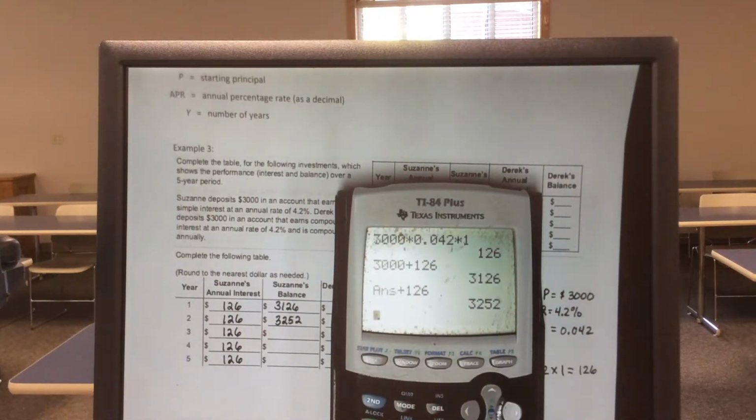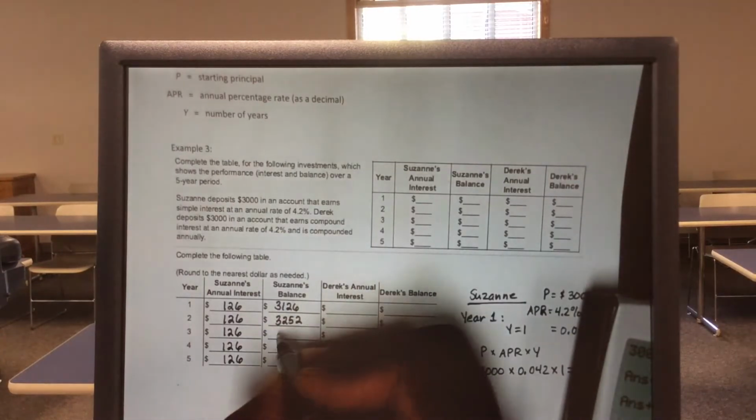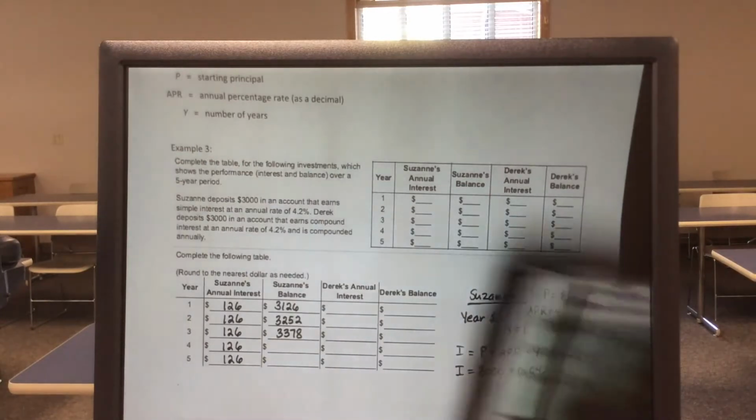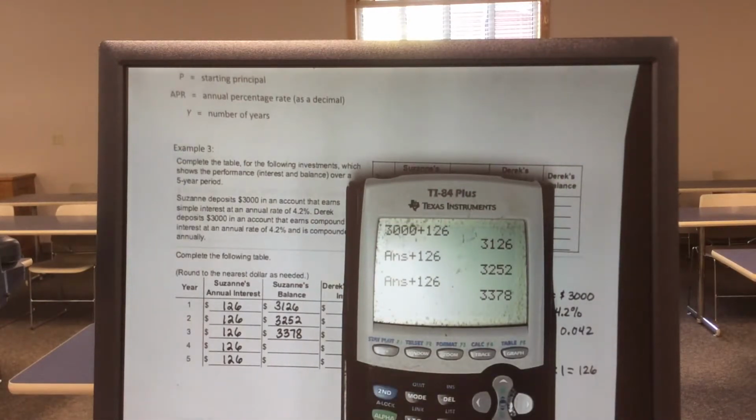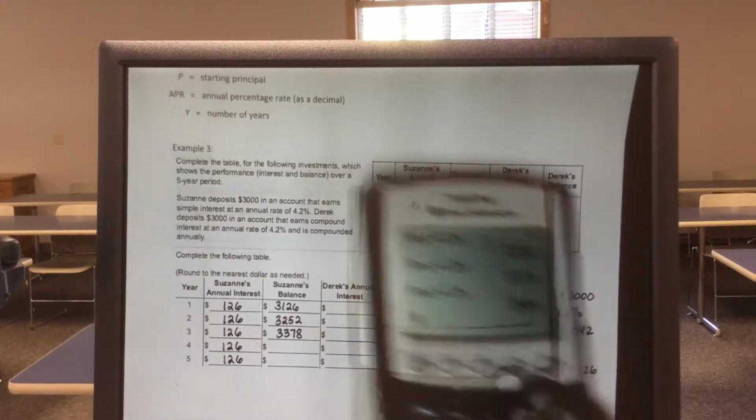The next year, year 3, we add another 126. That'll be $3,378 after the third year ends. And then at the end of the fourth year, we'll add another 126 to the 3378. You'll get 3,504.